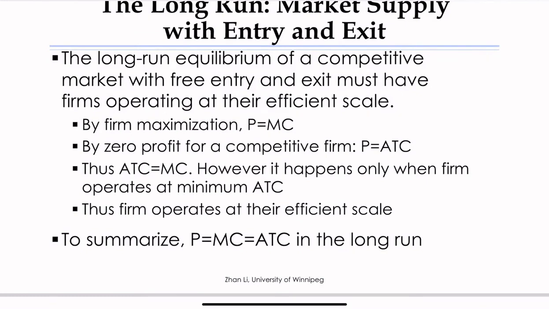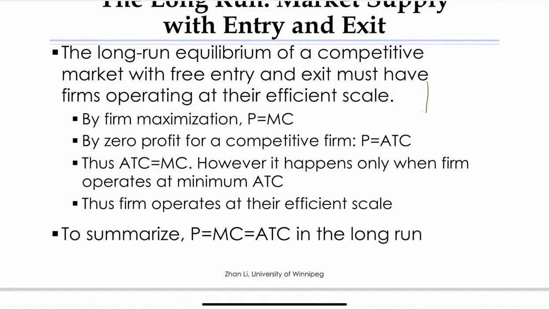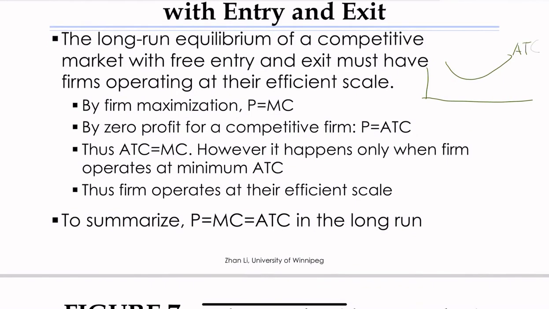Remember the definition of efficient scale, right? We learned that if we have this average total cost curve, then the quantity which minimizes the average total cost is the efficient scale, right?